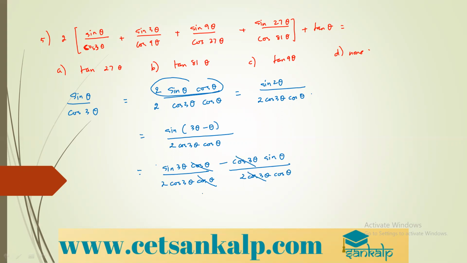Here cos 3 theta will cancel. And I'm left with 1 by 2 common, tan 3 theta minus tan theta. So this first term I got. Similarly, I can get the remaining terms also.